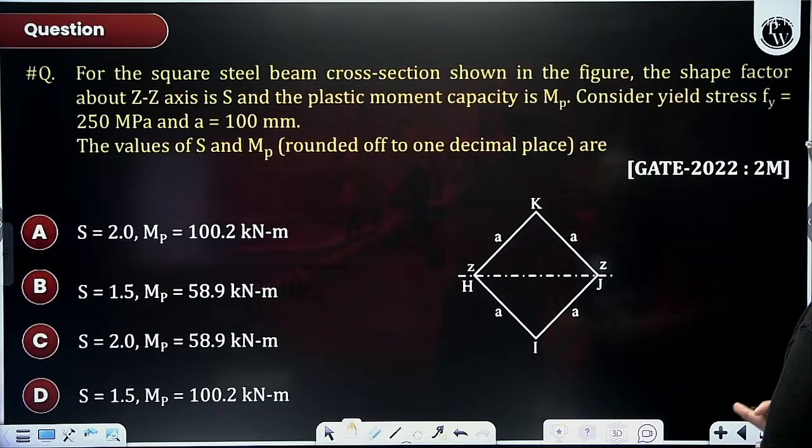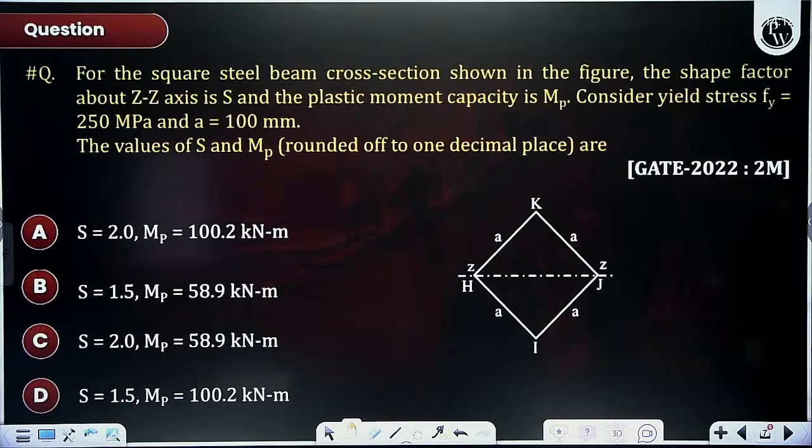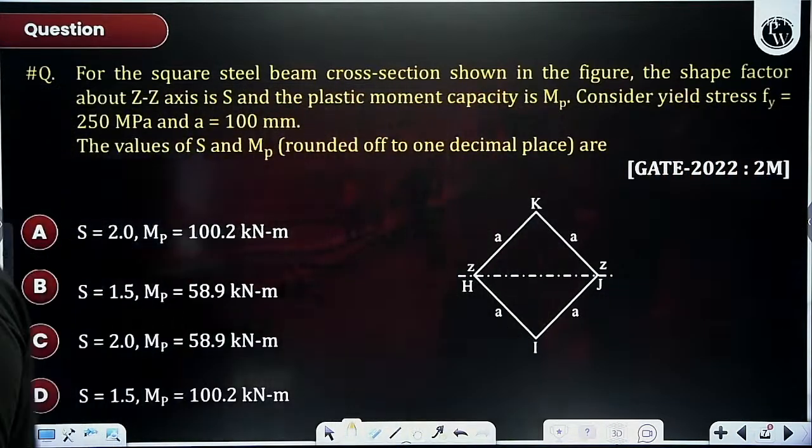Try to solve this question, please. Try to solve it, then I will proceed further.